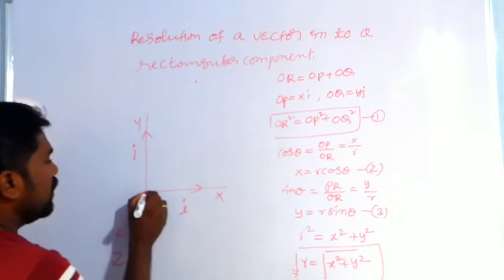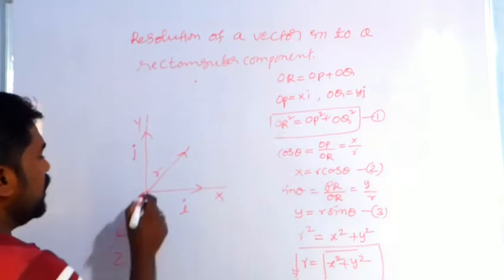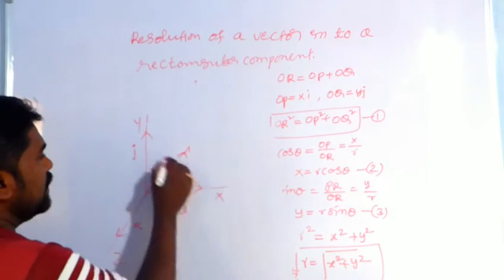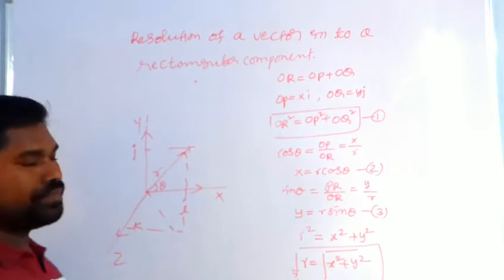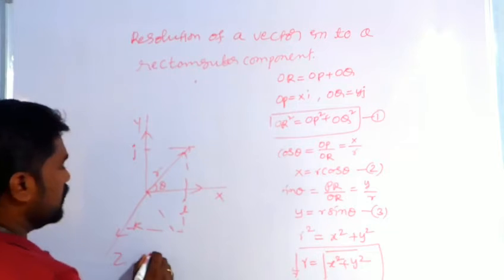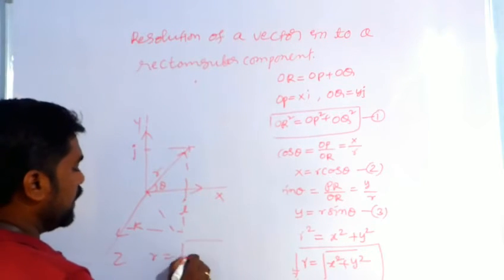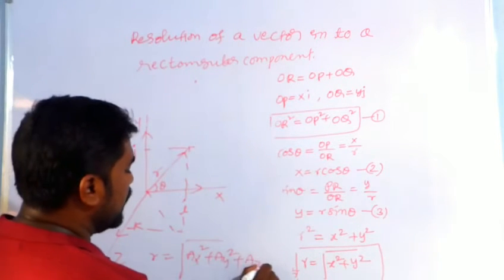If a vector R is shown in the plane, it makes an angle theta with the horizontal. The magnitude of this vector R equals under root of ax square plus ay square plus az square.